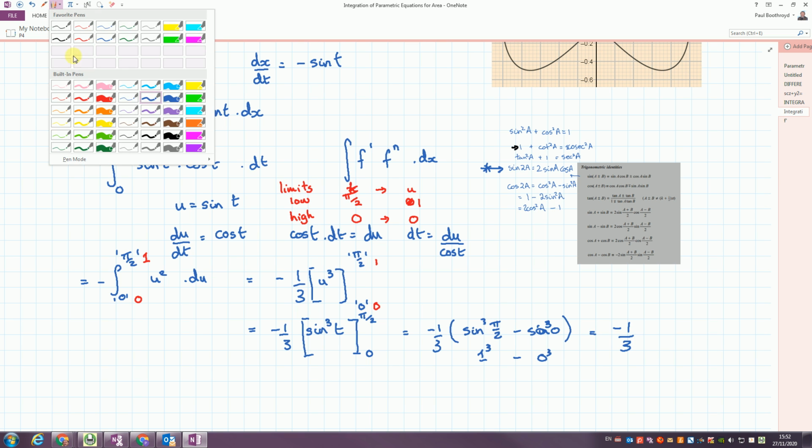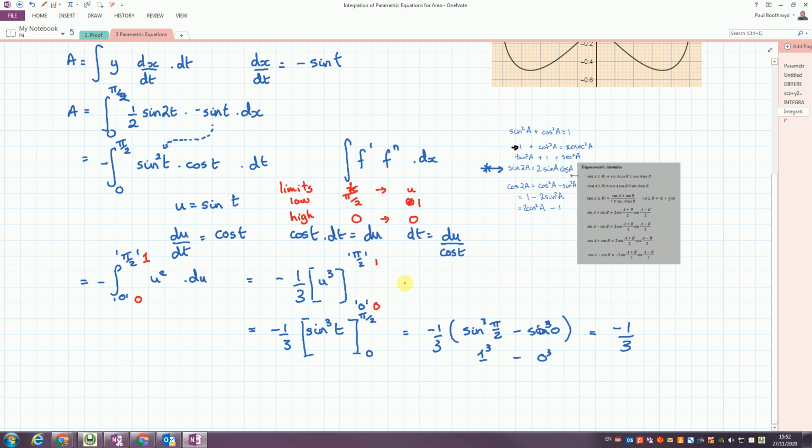The u part that we were just talking about, if we deal with it in the top part, we actually get the same result without having to go back to sine. We have 1 cubed minus 0 cubed, so we now get minus 1 over 3.